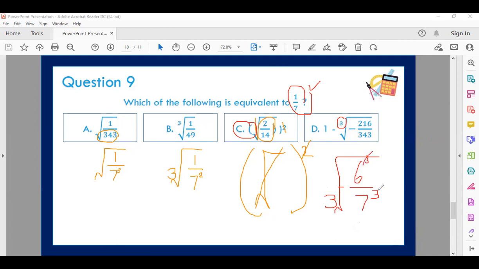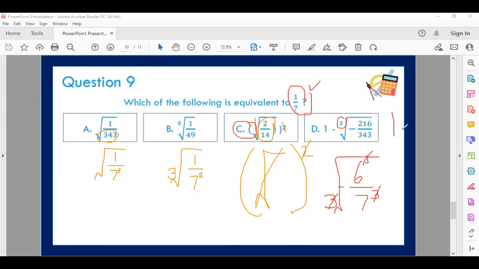So now this will disappear. These 3s will disappear, because this is a cube root and this is the power of 3. So now you will get back just negative 6 over 7 inside.